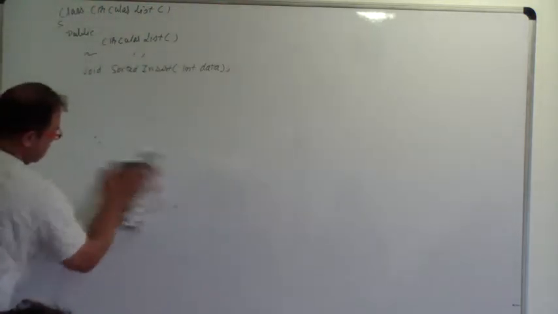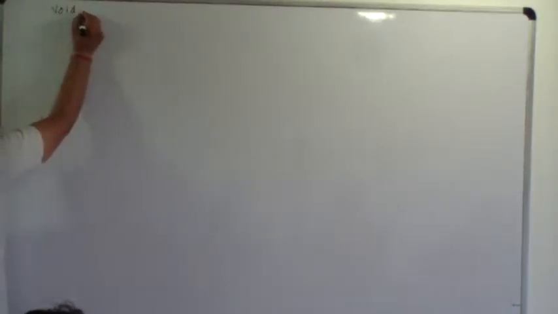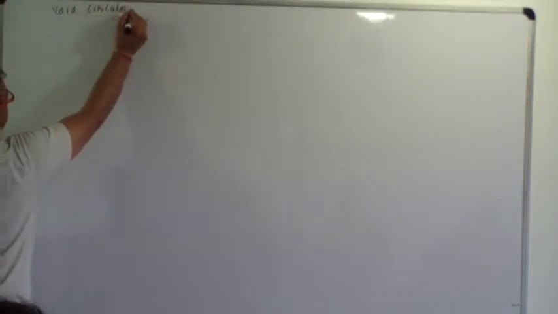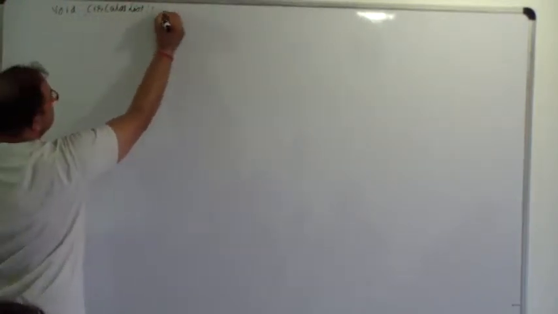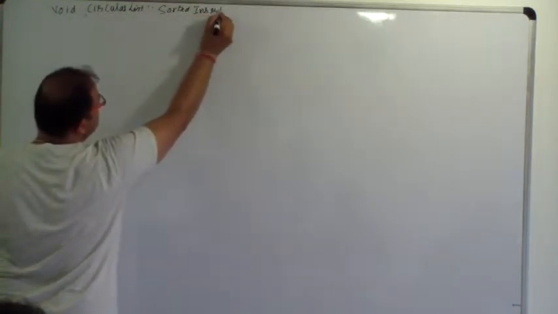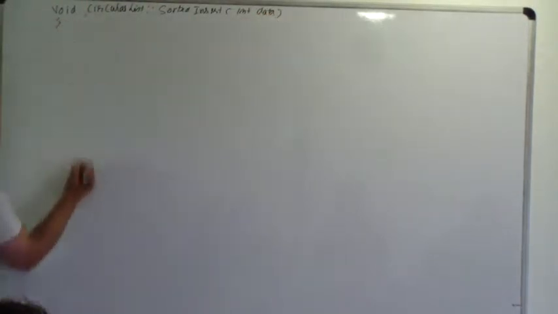So let's start writing the function sorted insert. Void CircularList colon colon sortedInsert with integer data. Regardless of anything, we'll just create a node.